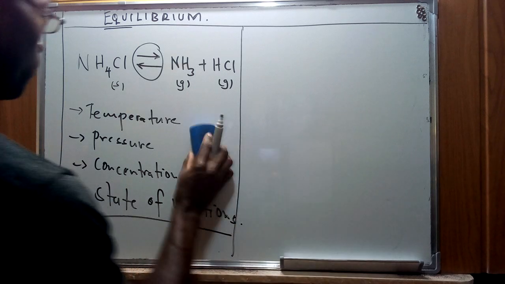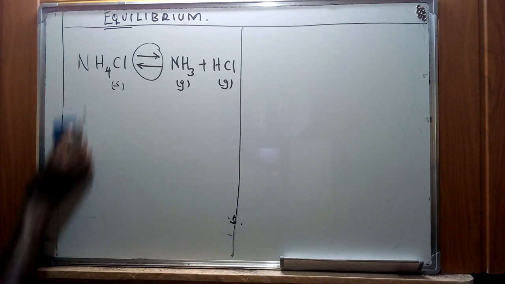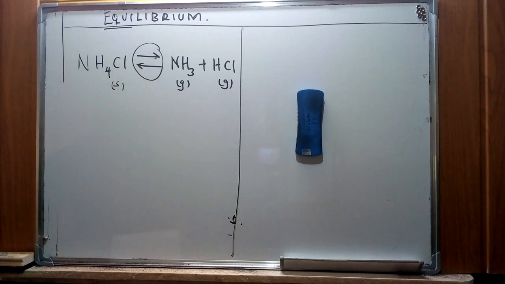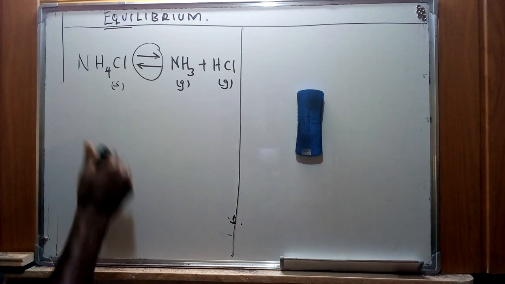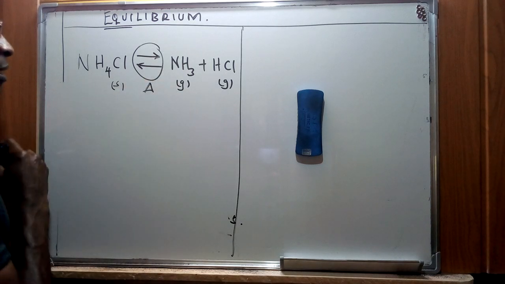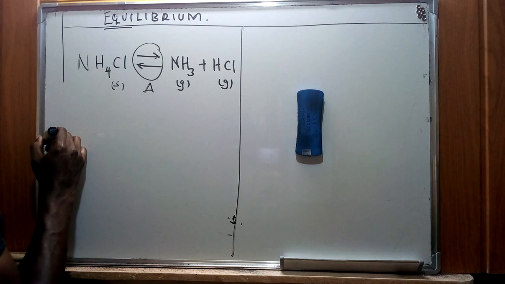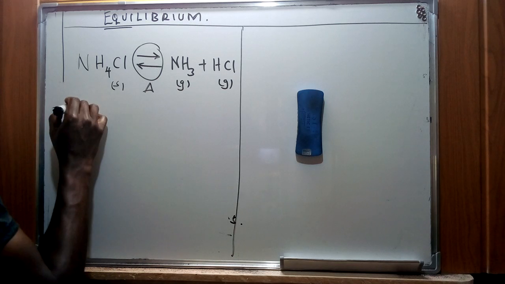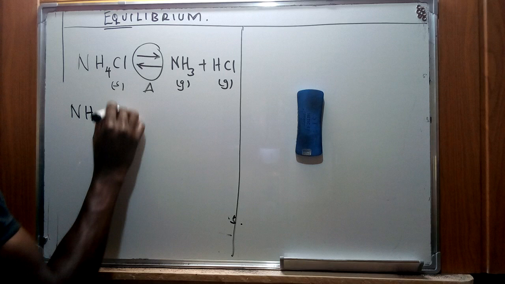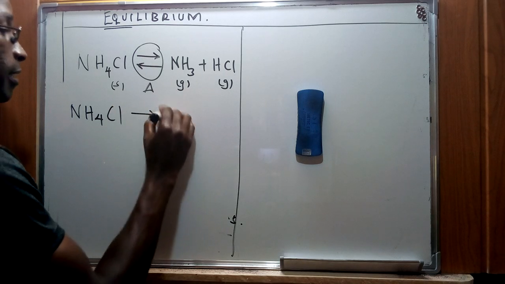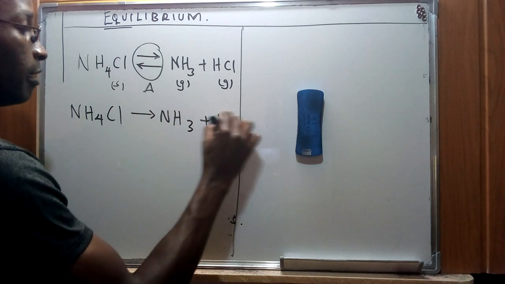Now, from the example that we have given on the board, we can use it to discuss this, whereby if we increase the temperature in this specific reaction, when we have ammonium chloride, the ammonium chloride that is present is going to decompose to form ammonia and hydrogen chloride gas. So basically, if we were to write the forward reaction excluding the reverse reaction, it would appear like this.